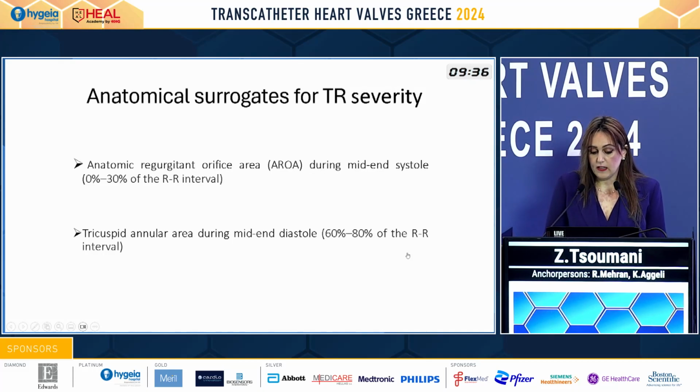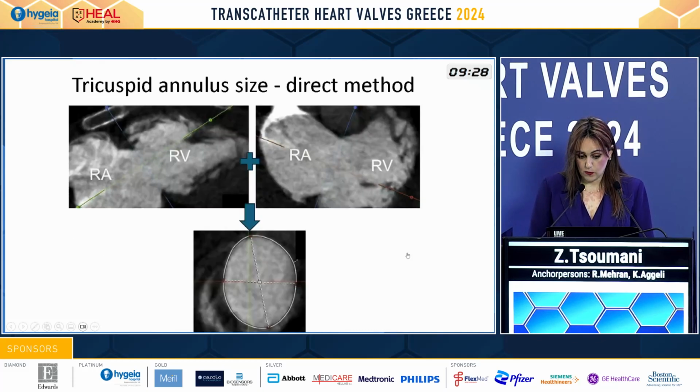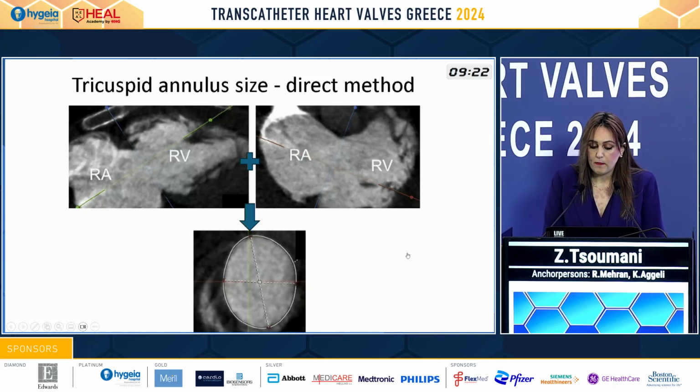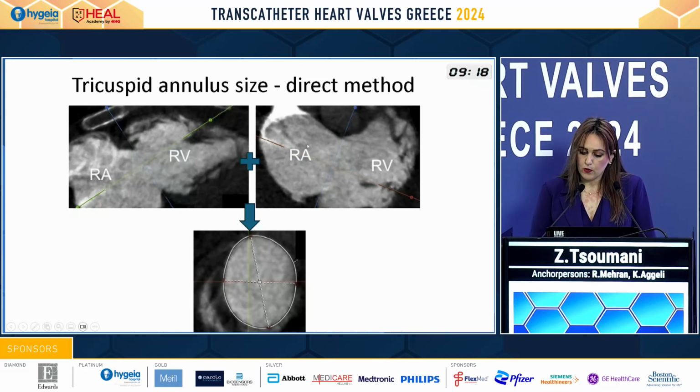We can calculate the anatomic regurgitant orifice area during mid to peak systole or the tricuspid annular area during mid to end diastole. Using the MPR, the multiplanar reconstructions, with the plane through the tricuspid valve and through the right ventricle, we can have a short axis view of the annulus, which is planar.